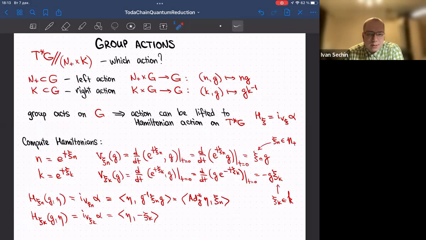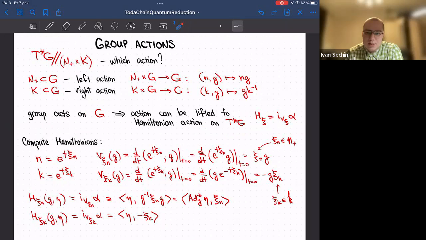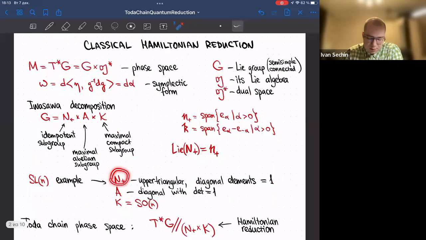No, K is from SO_N. So yes, K is the change of basis, and N plus is the vector of basis vectors.